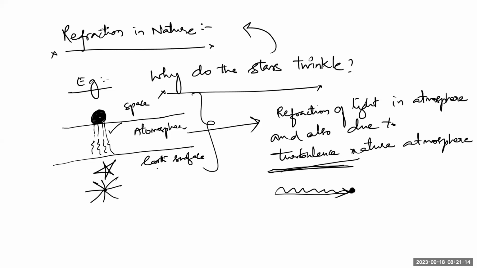But when it comes to the Earth's surface, it looks like this. From space it appears like this, from the atmosphere like this, and from the Earth's surface like this, after undergoing the refraction. Is it clear?